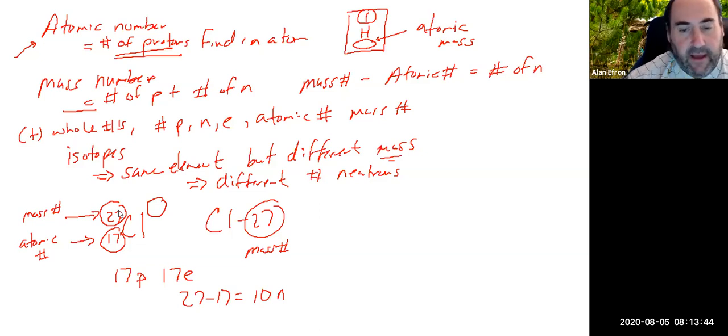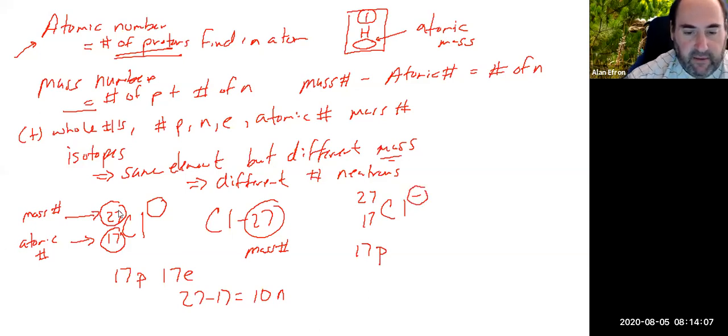If we do have something with a charge, which is a cation or an anion, depending on whether it is positive or negative, we adjust the count. The only thing that's going to change is the number of electrons. So here we would still have 17 protons because it is still chlorine, but now we have one more electron.